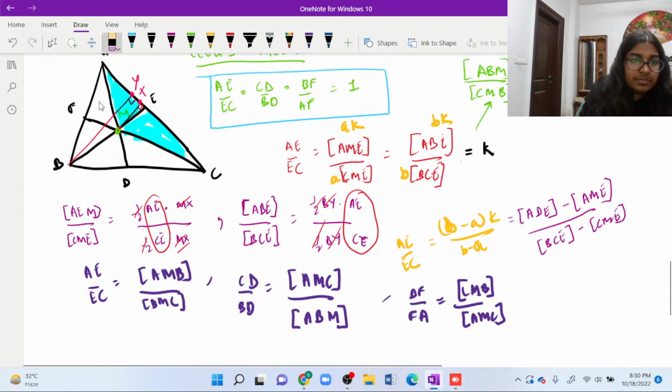It's easy to see from the figure that this should be true. It's all just symmetry.